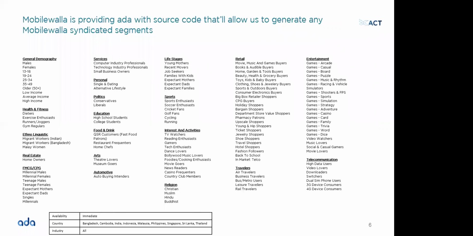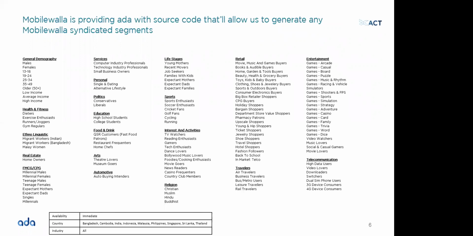And if you were previously in the ad operations function or the trading desk function of, say, AdParlor, you would have, on occasions, used and requested a MobileWallet segment. Okay. So today, we have the complete source code of all of the 130 MobileWallet segments.